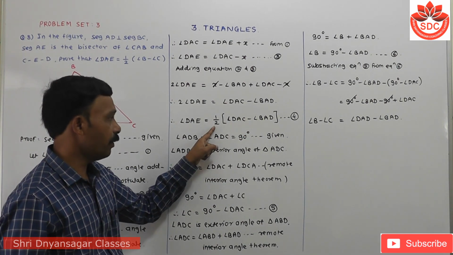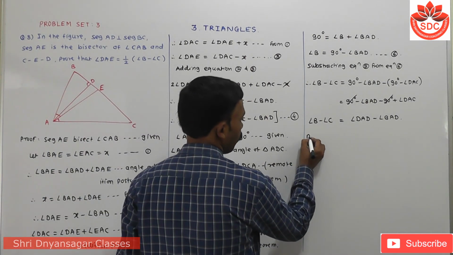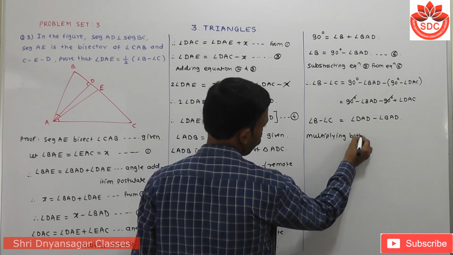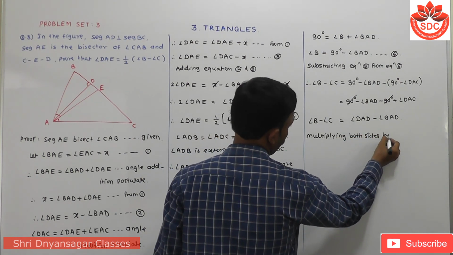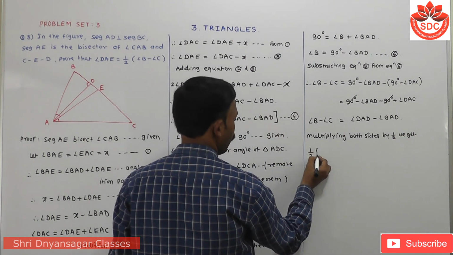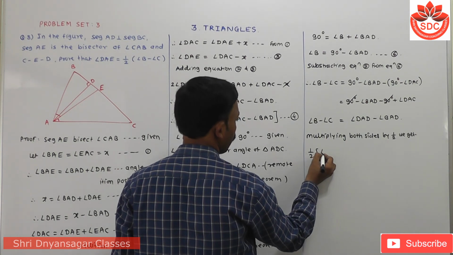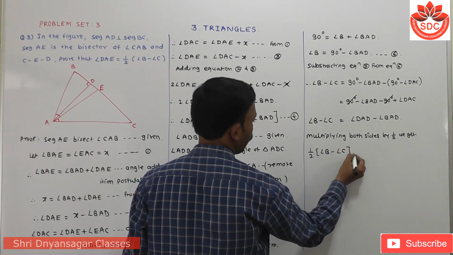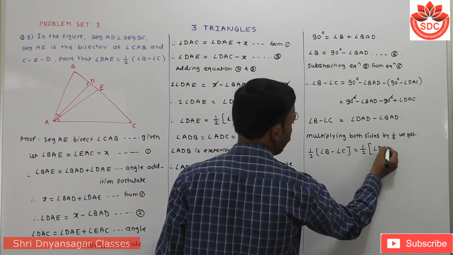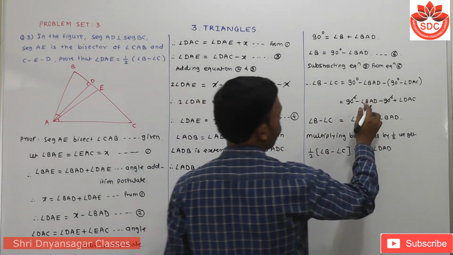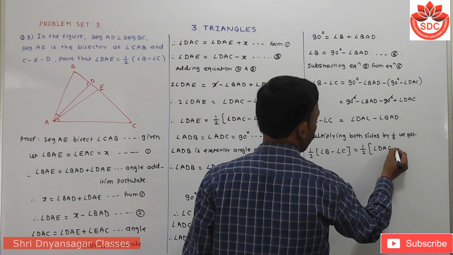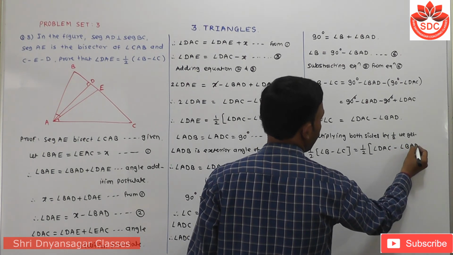If we multiply both sides by 1 by 2, then we get half of angle B minus angle C is equals to half of angle DAC minus angle BAD.